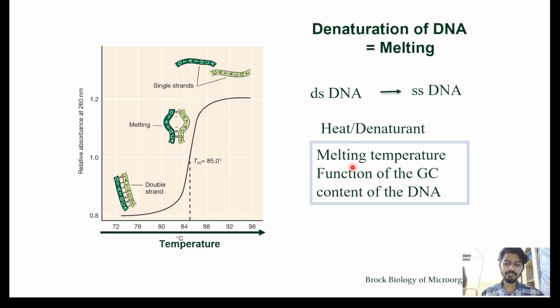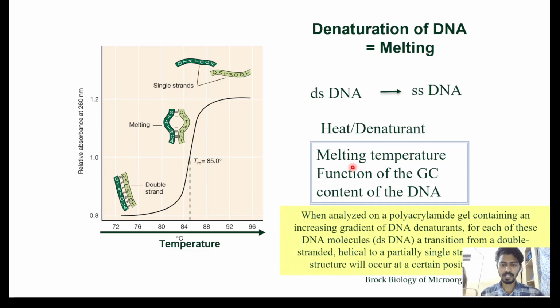So here the main function is that you have to retain the GC clamp. And if you analyze them on the polyacrylamide gel containing the increasing gradient of denaturant, for each of these double stranded DNAs you could observe a transition from double stranded to single stranded secondary structure at a central position in the gel.